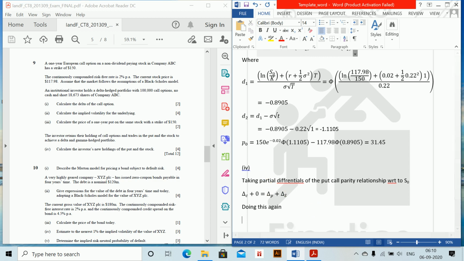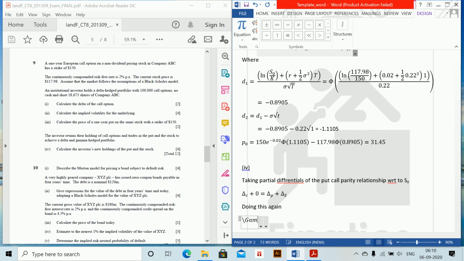with respect to S naught. So doing this again, we have gamma c is equal to gamma p plus gamma s, which is equal to 0 obviously.